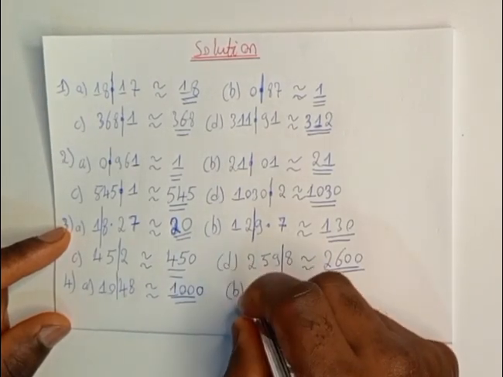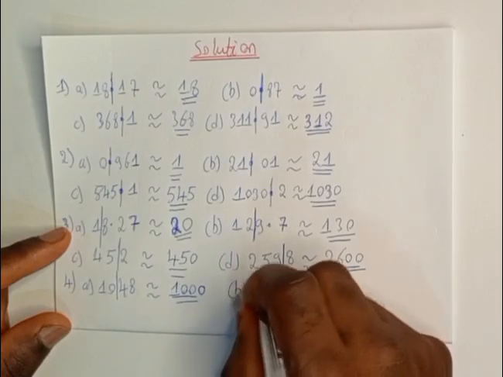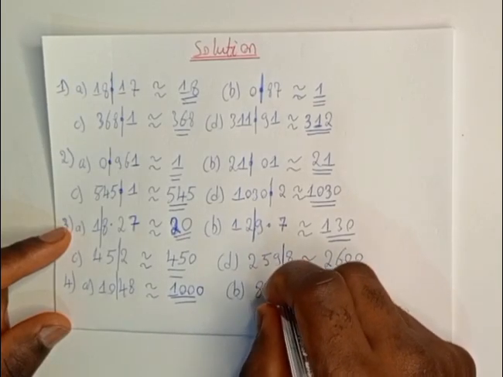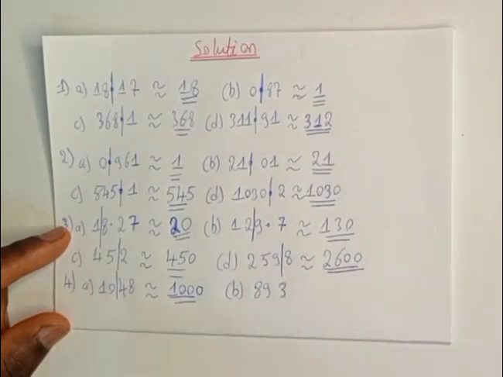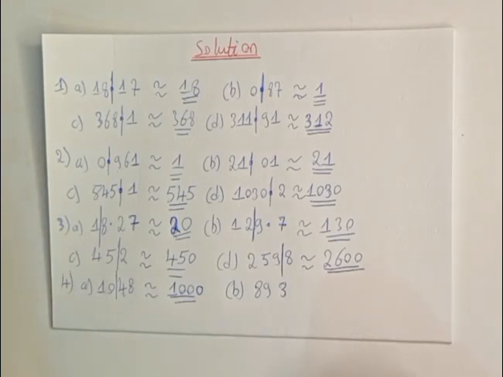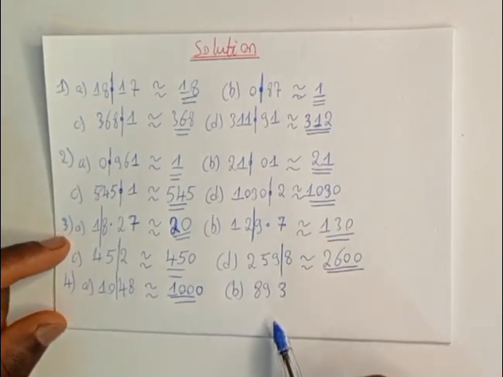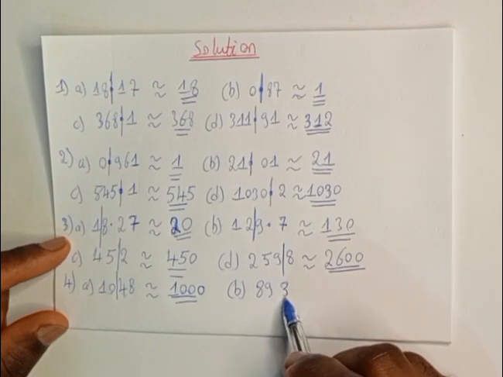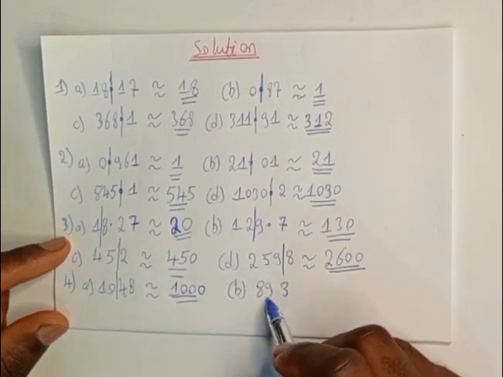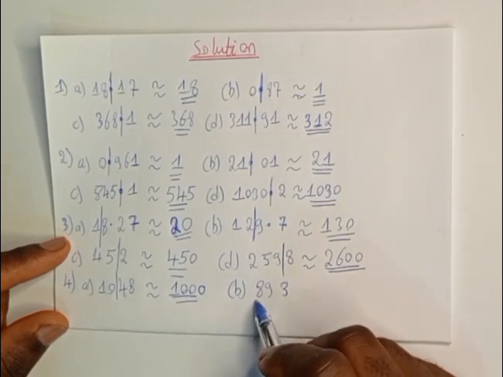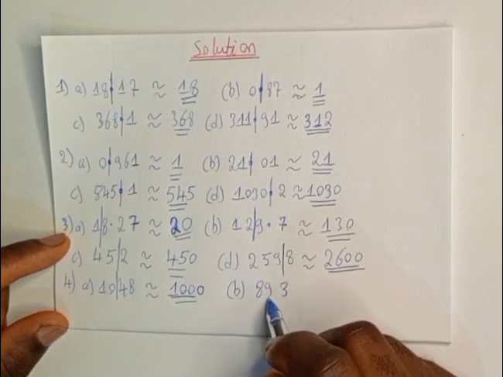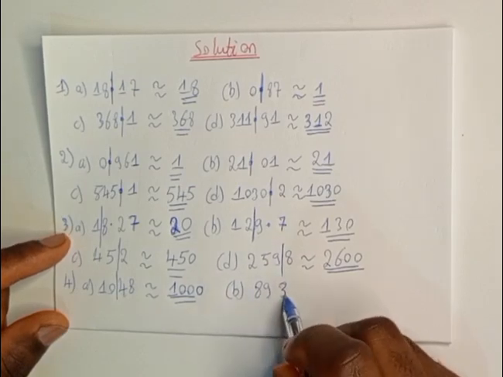For B, we have the number 893. 893 to the nearest hundred. We need to identify the different place values: units, tens, hundreds. We have to eliminate the tens and units.